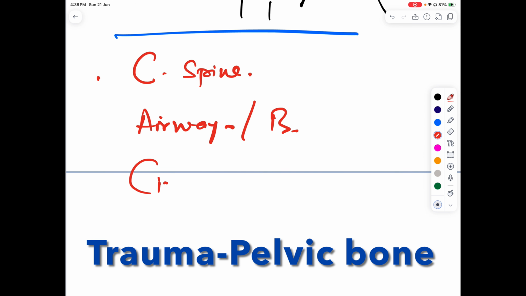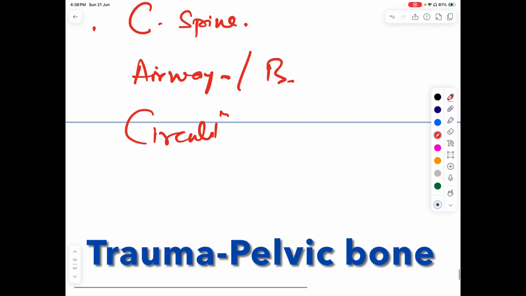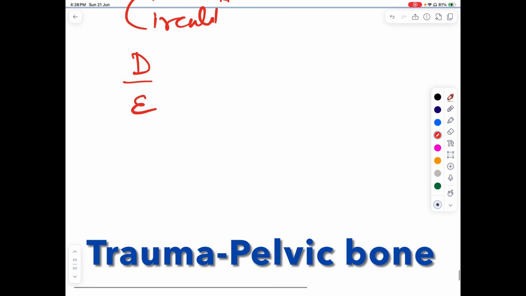Then you need circulation. For circulation, you have to check the pallor, capillary filling, blood pressure and pulse. Then ABCD, then disability and exposure. So X-ray pelvis is done, and then you have to read the findings.